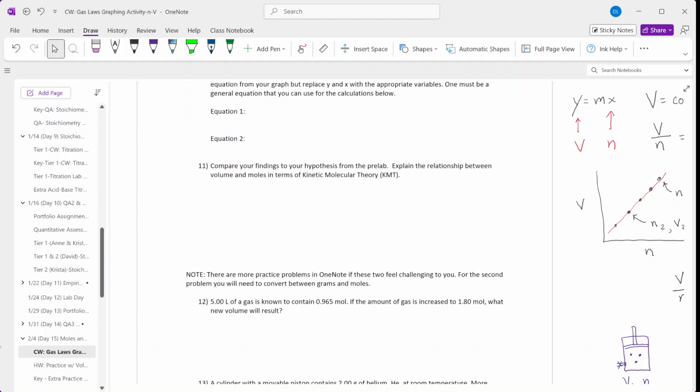That is, based on what you know about collisions and pressure, why does the box have to expand in order to maintain the same pressure? That's what you want to think about here. Remember that the particles are moving at the same speed because we're at the same temperature. So why does the volume need to expand in order to maintain the same pressure? That's the question we're asking here.